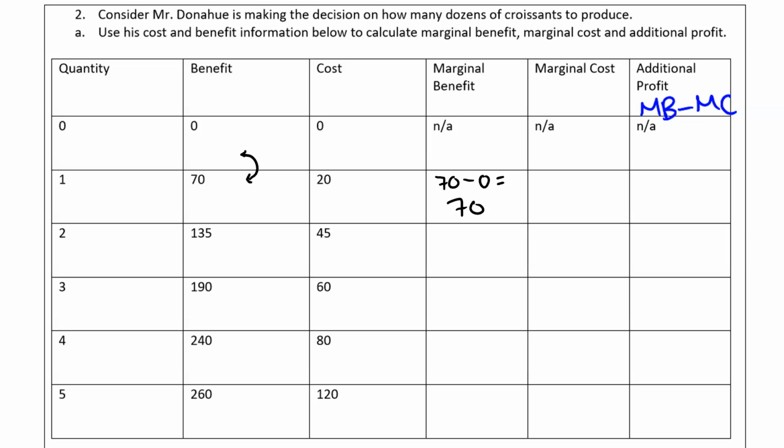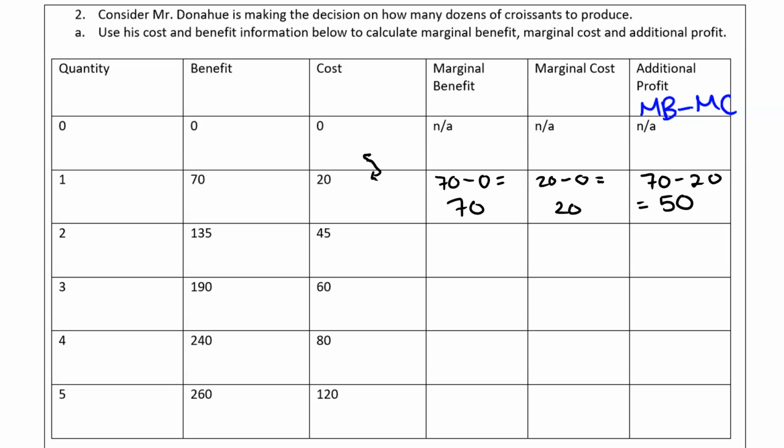Marginal cost is the same idea, except you're doing it with the cost figures. So I do it with those two. And then my additional profit is going to be the difference of marginal benefit and marginal cost, so 70 minus 20, or 50. So you're going to finish completing this table, all right?